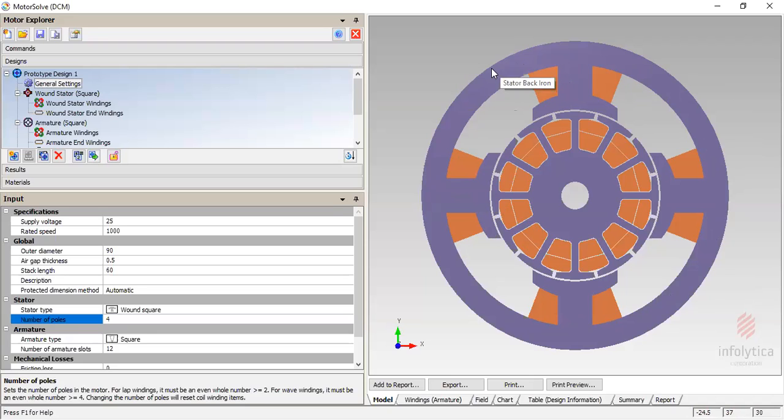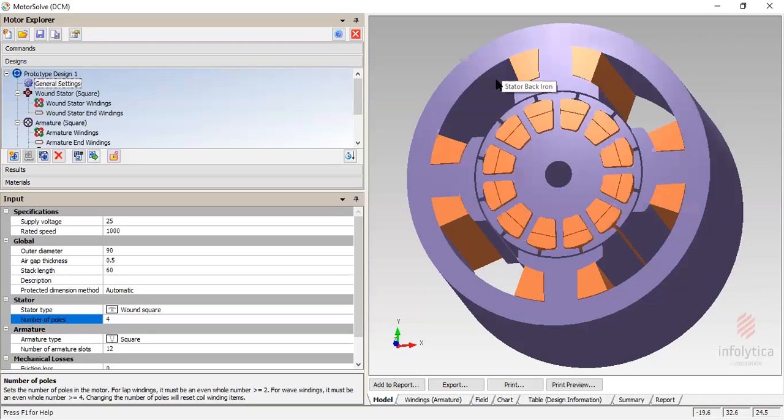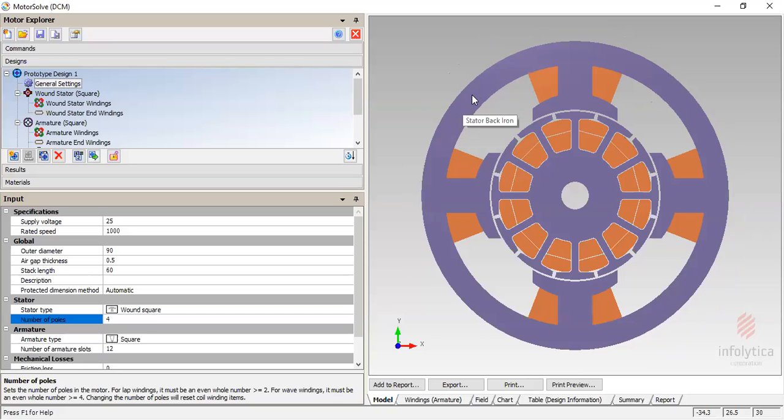If you see the width of the back iron as well as the width of the poles, the pole width is double. If the back iron width is 1, here the pole width is 2, right?